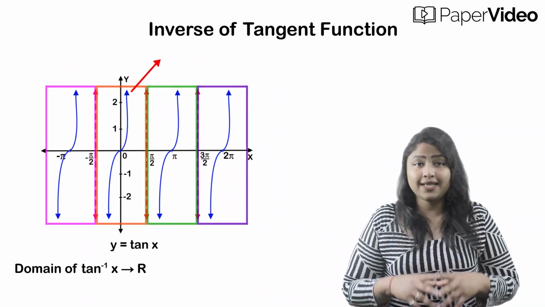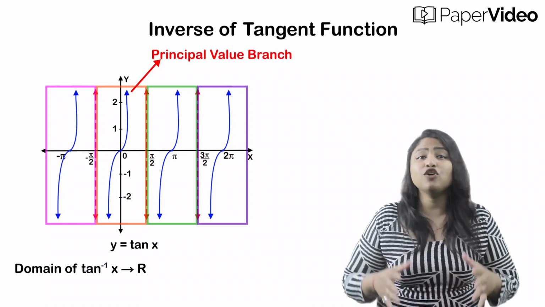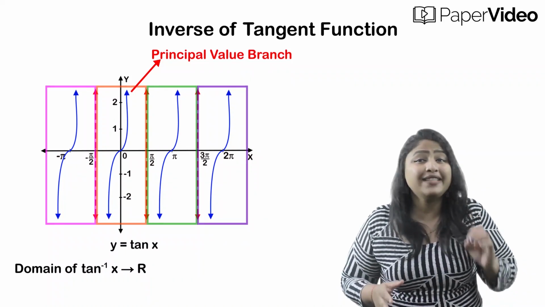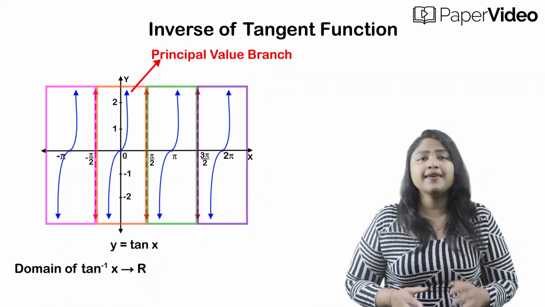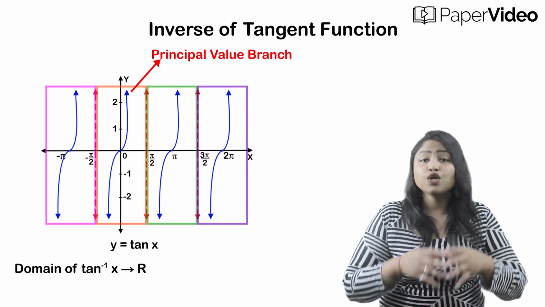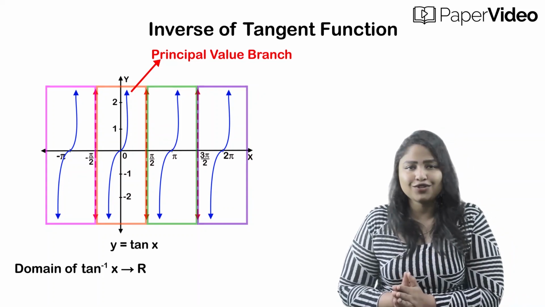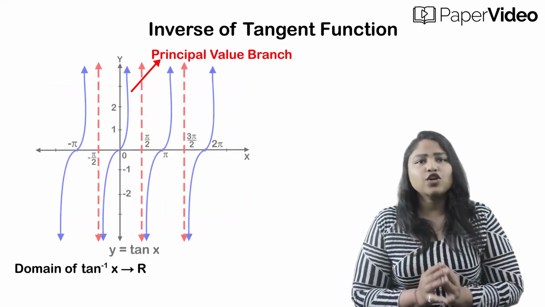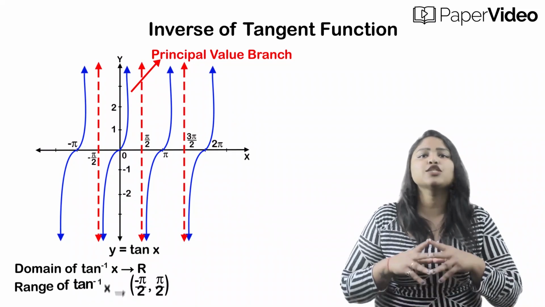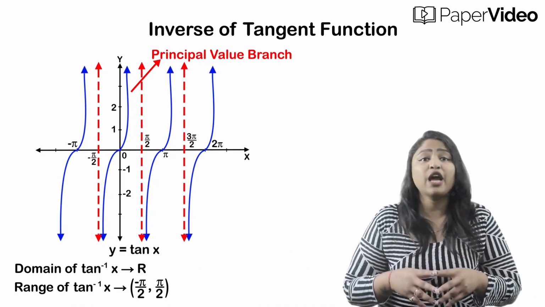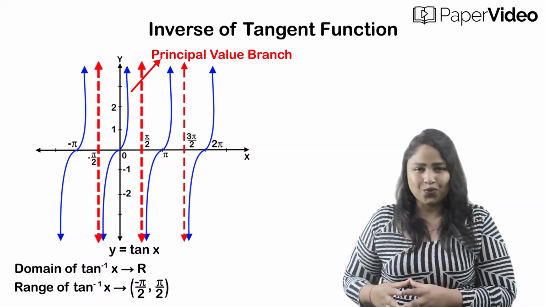Corresponding to each of these intervals, we get a branch of function, and out of these branches, the open interval minus pi by 2 to pi by 2 is known as the principal value branch. Therefore, the range of the tangent inverse function is open interval minus pi by 2 to pi by 2.